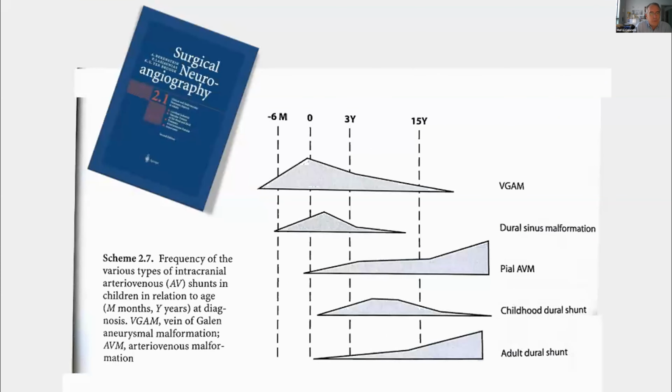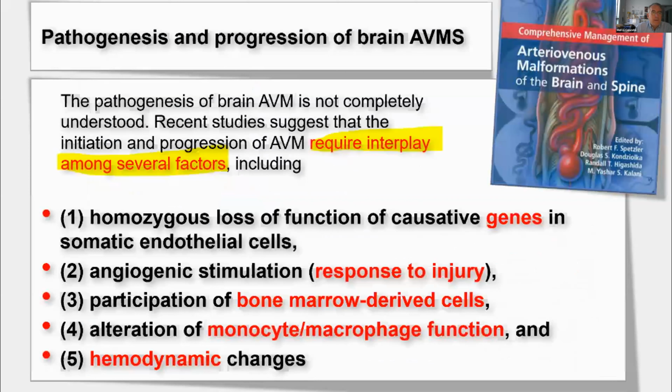And also it's well known that no pial AVM, classical AVM, has been found in newborns or during echography in utero. So how they develop is very complex. Probably no one knows it, but there are several factors that interplay together.